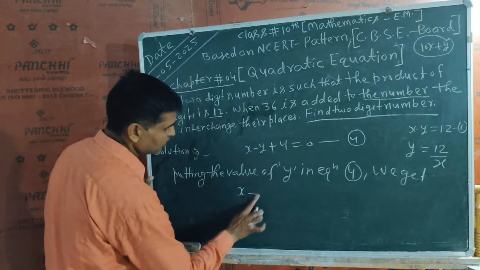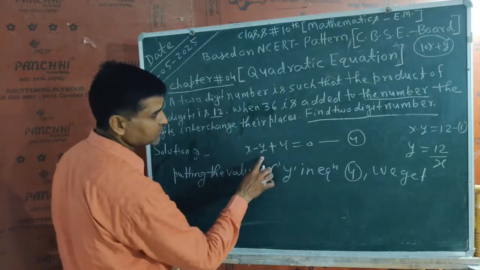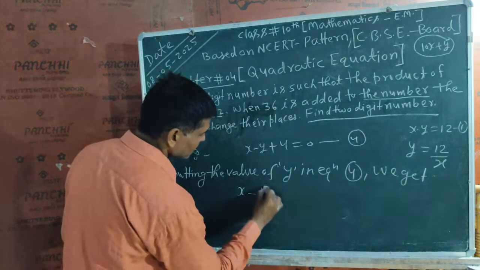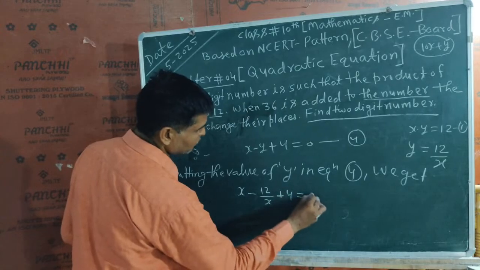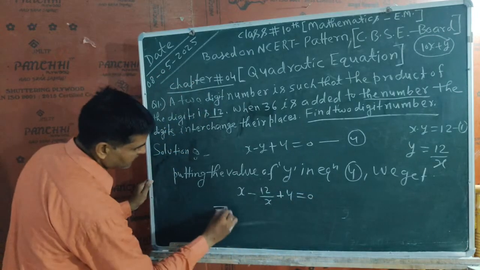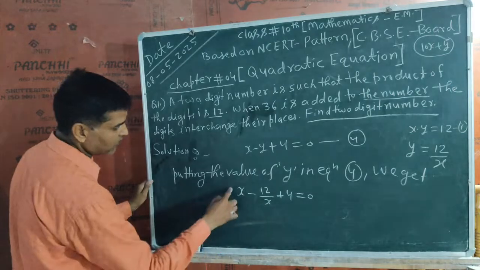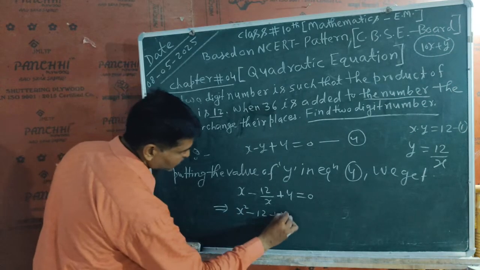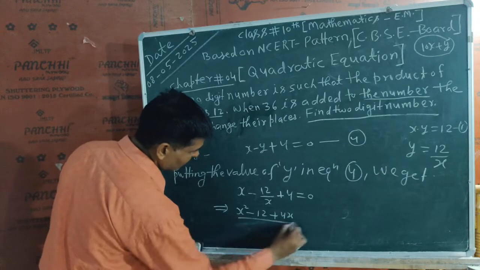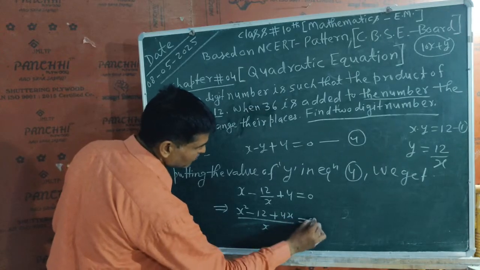Here minus is available, so I have to write minus. In the place of y, I have to write 12 divided by x plus 4, which is equal to 0. Now further I will simplify it. So x is multiplied with this one. So x square minus 12 plus 4x divided by x, which is equal to 0.